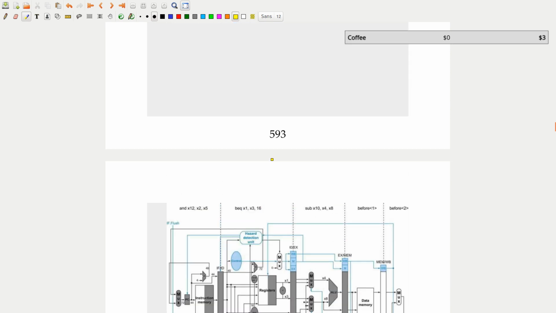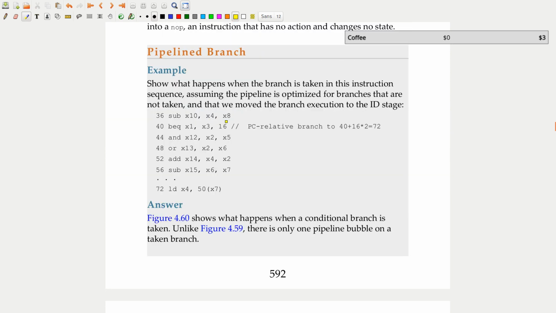So we're going through this example right here. It shows what happens when a branch is taken in this instruction sequence, assuming the pipeline is optimized for branches that are not taken. This means that we'll be executing sequentially, so even before this branch is resolved, we'll already start executing this AND instruction.